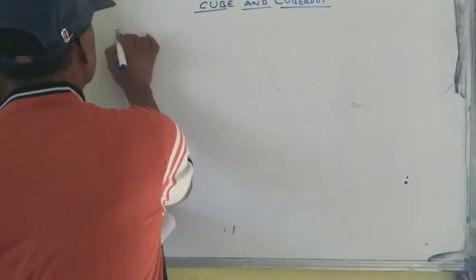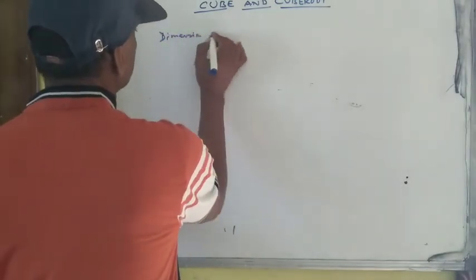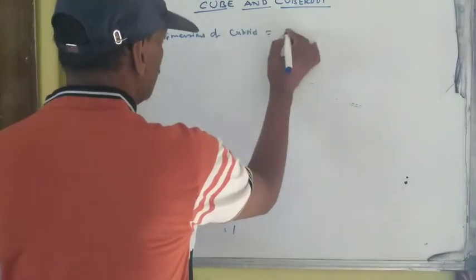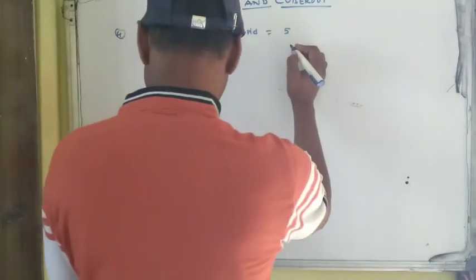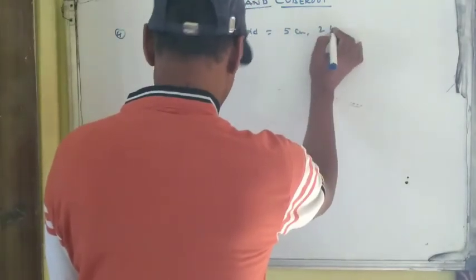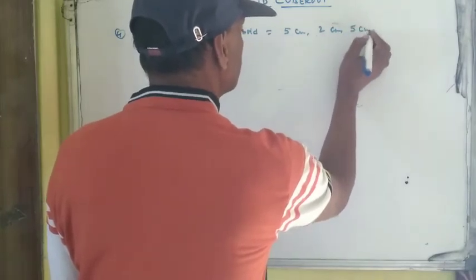Question number 4. Dimensions of the cuboid are 5 centimeter, 2 centimeter, 5 centimeter.